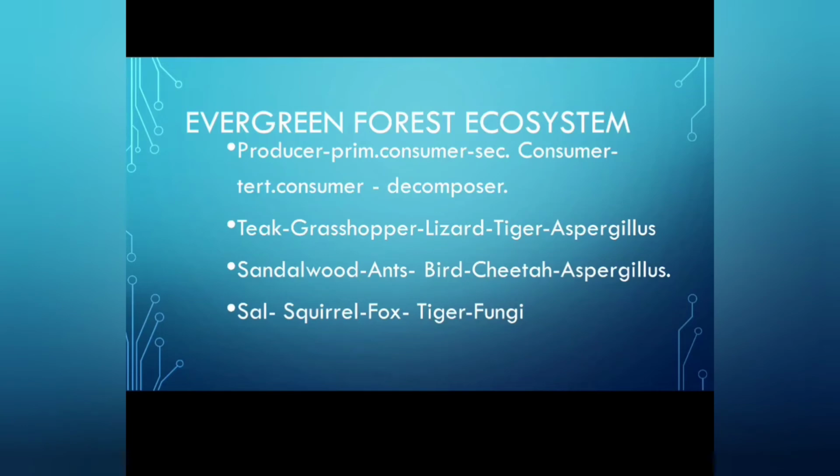In the second example, the producer is sandalwood, primary consumers are ants, secondary consumers are birds, tertiary consumer is cheetah, and again decomposers are asparagus. In the third example, sal is a plant which is a producer, squirrel is a primary consumer, fox is a secondary consumer, tiger is a tertiary consumer, and fungi in general are decomposers.